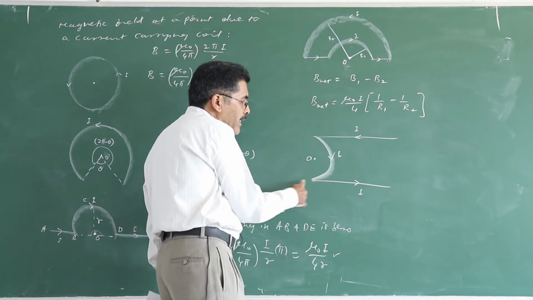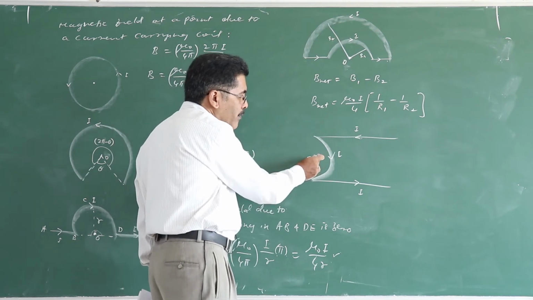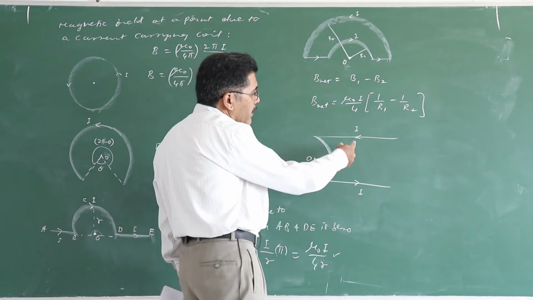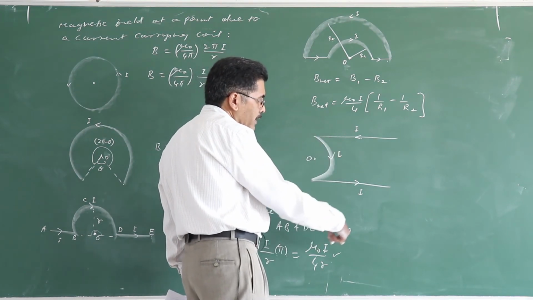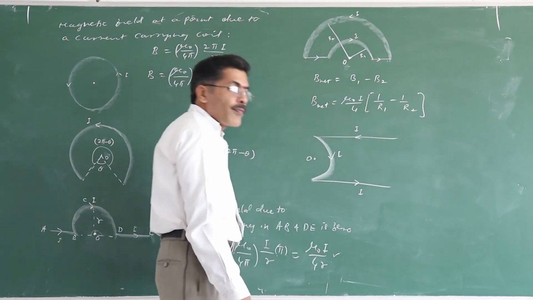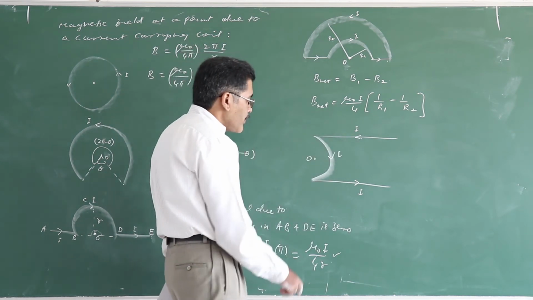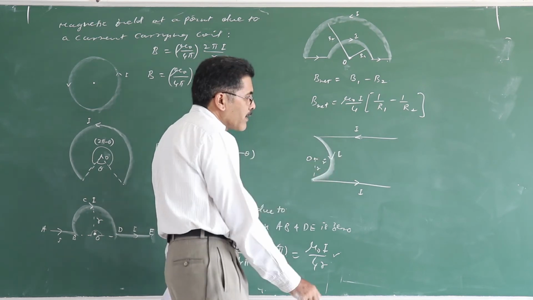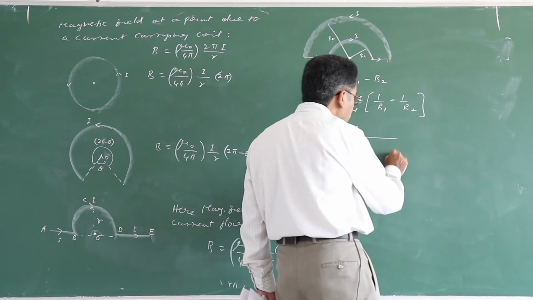Here current is in anti-clockwise direction. Therefore, the magnetic field is towards you. See, here the current is in clockwise direction. These two are in clockwise direction. So you must take this distance as R. This distance also R. See, therefore, what is net magnetic field?